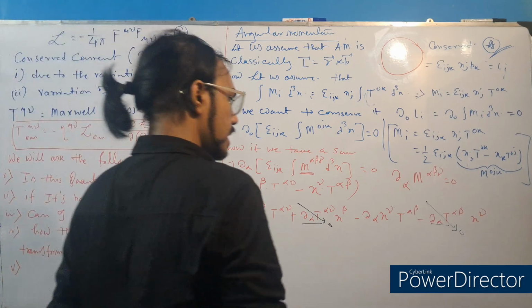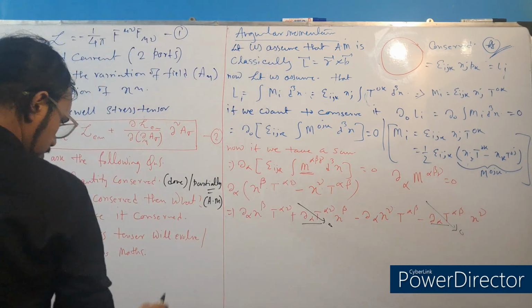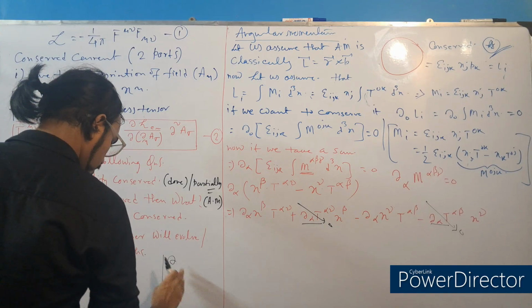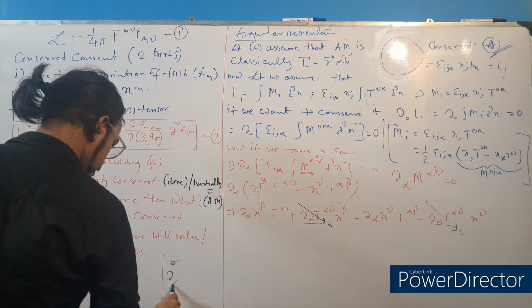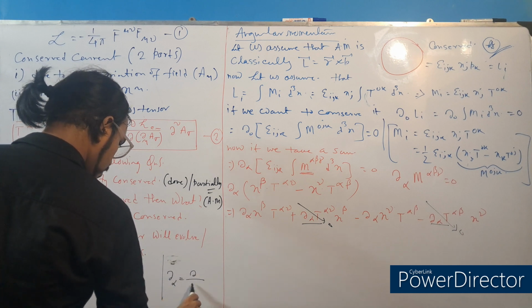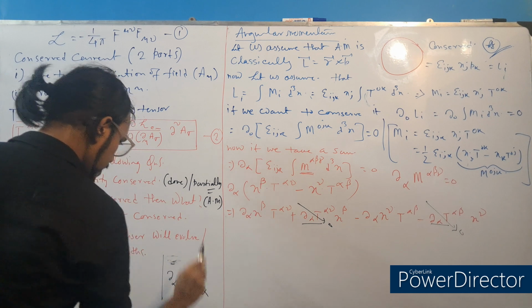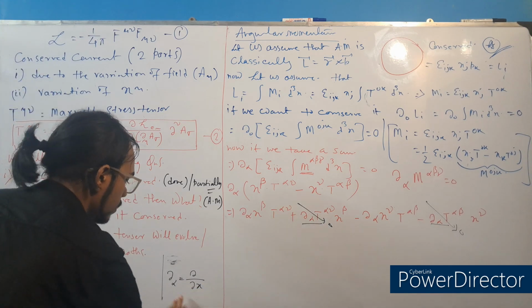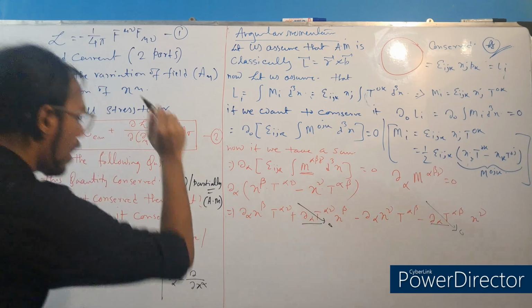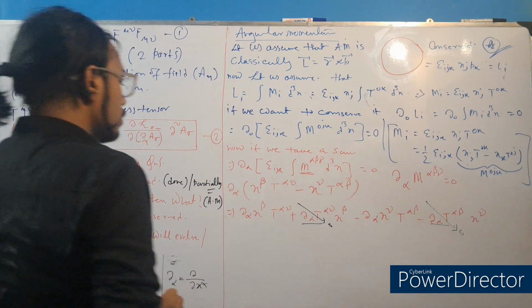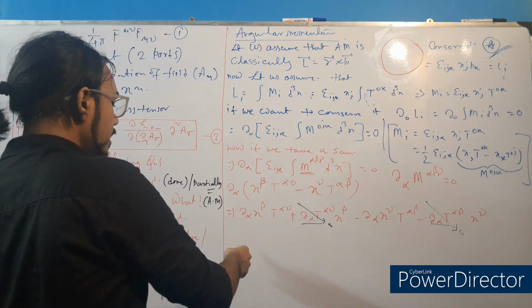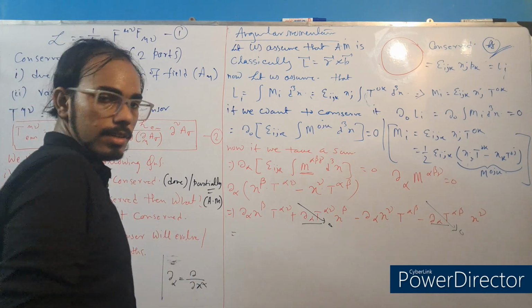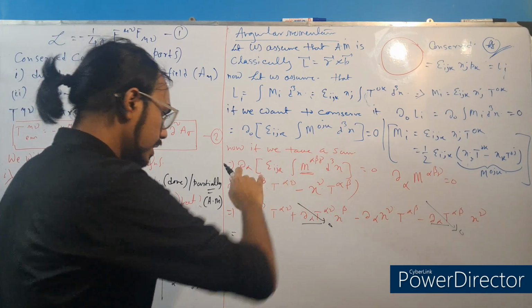And what is basically del_alpha, if I write here just for your convenience? Del_alpha is basically del by del x^alpha, right? Oh, sorry, alpha is down, so yeah, alpha will be up. So this is basically del x^beta by del x^alpha, so it will just give us the ordinary Kronecker delta.